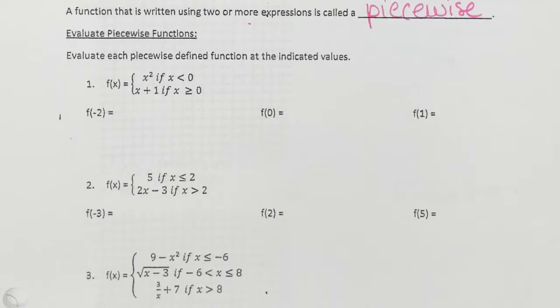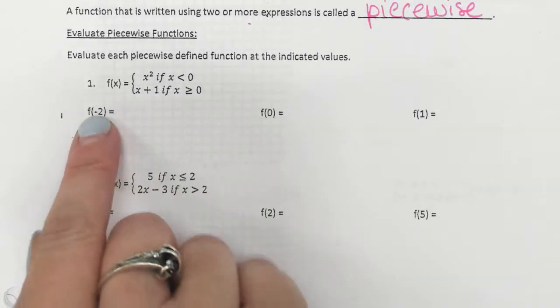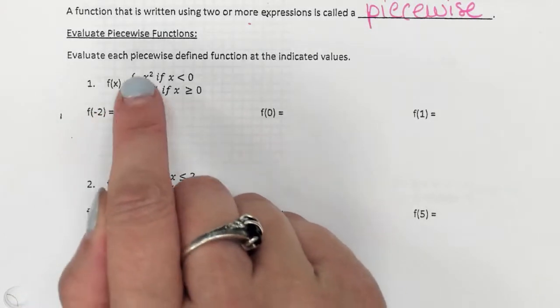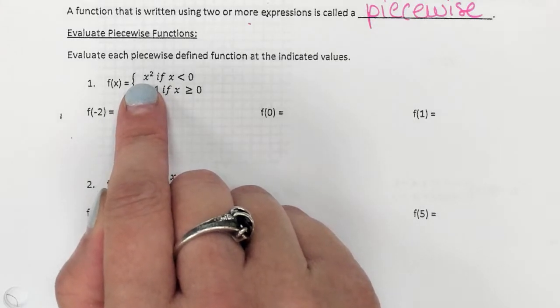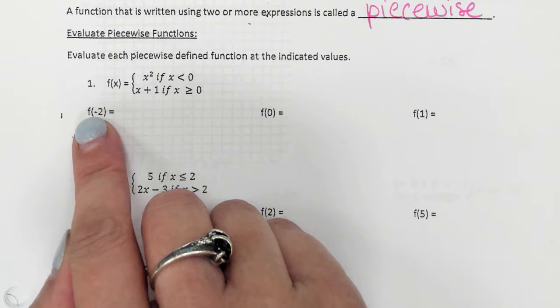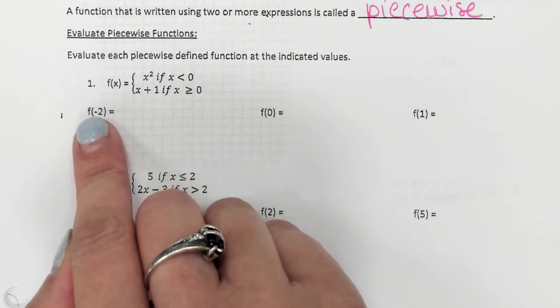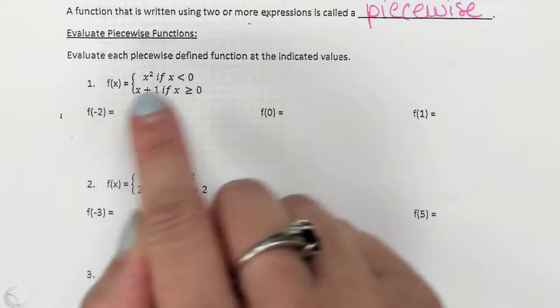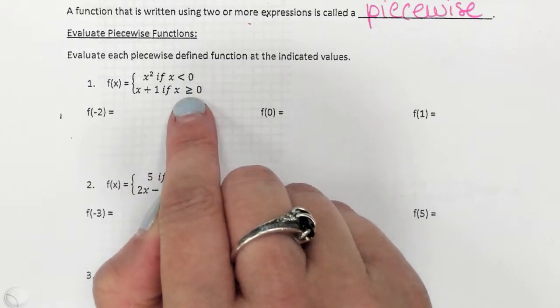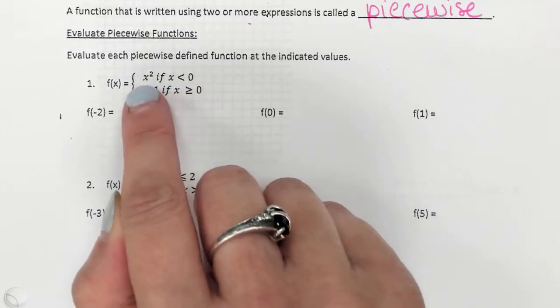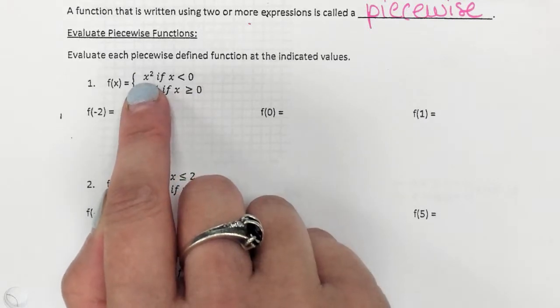All right, so all we're going to do is build off of what we have done before. What we did before was we took -2, right? And we plugged it into a function. Do y'all remember doing that before your test? Okay, so now you're just going to take -2, and you've got to figure out what piece -2 needs to go in. So is -2 less than 0, or is it greater than or equal to 0? It is less than. So we're going to plug the -2 into the x squared function.